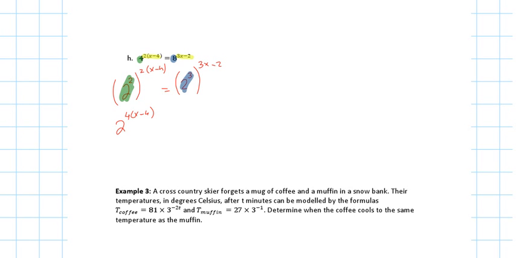Because 2 times 2 gives me 4. And that is going to be 2 to the power of 3 times 3x minus 2, because I'm multiplying power to the power.